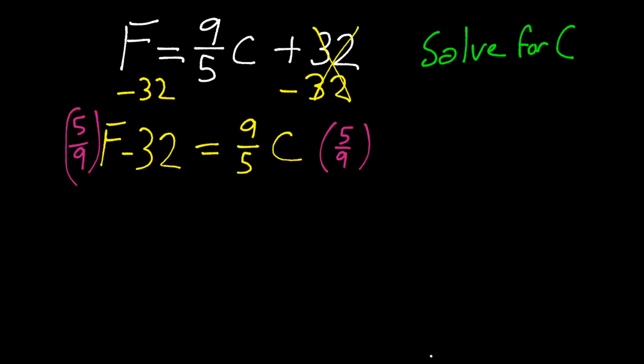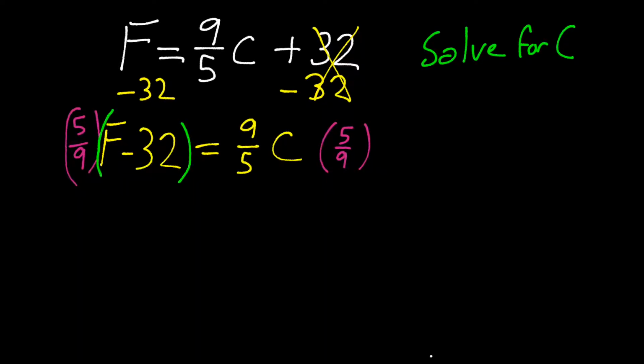Now, one thing you need to be careful of: you're multiplying this entire side by 5/9. So if you write it the way that I've written it, you run the risk of only multiplying the f by 5/9. So we're going to want to put parentheses around the f minus 32.